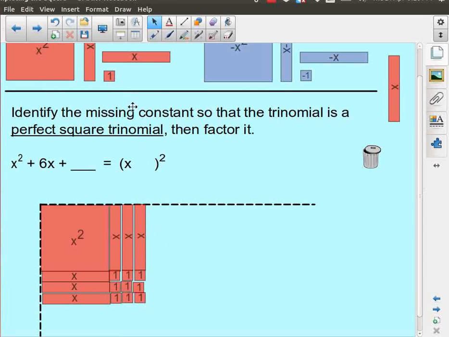So first of all we put 9 tiles there, so that's what goes here, 9. And what do we have on the sides here? Well, this is x plus 3, and this is x plus 3. So if I had x squared plus 6x, the thing I would need here to make it a perfect square is plus 9, and here's what that perfect square would look like in factored form.